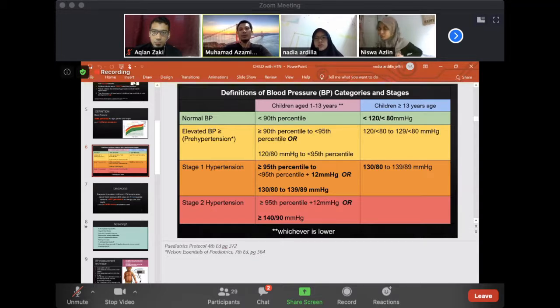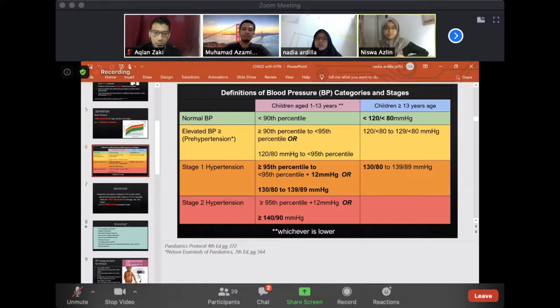Sometimes there is a leeway on the diastolic, about +5, -5. Normally if the diastolic is high, the systolic is also high. Rarely in children you see the diastolic high tapi systolic normal. Okay, thank you doktor.